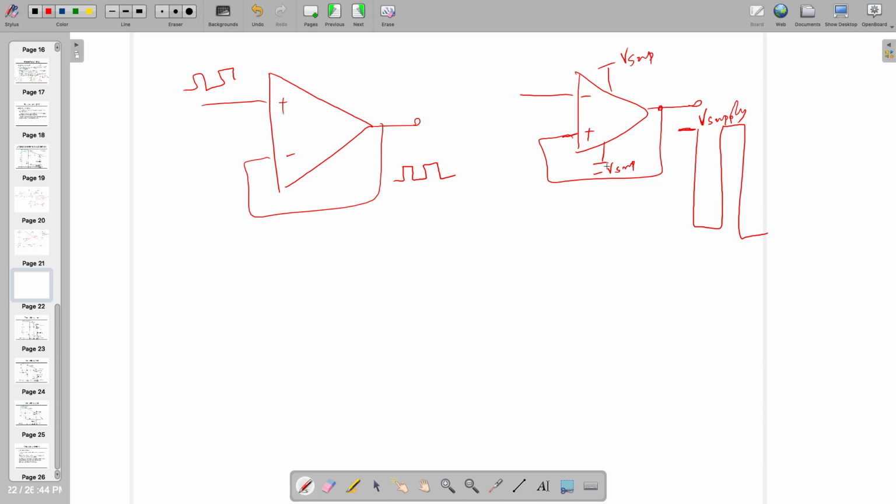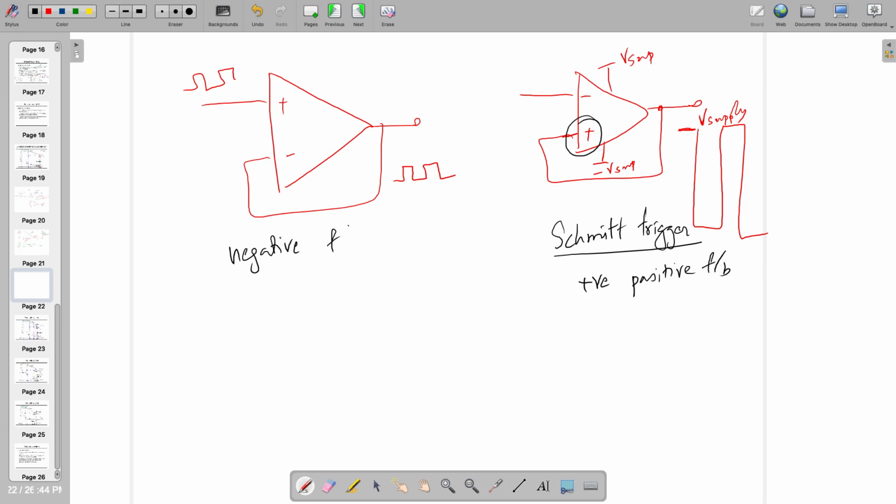I don't know whether you have studied the Schmitt trigger. This kind of circuit is known as a Schmitt trigger, and it's always going to give you oscillations. It's positive feedback. You can see the positive feedback, right? In this case it's negative feedback. We are interested in that.